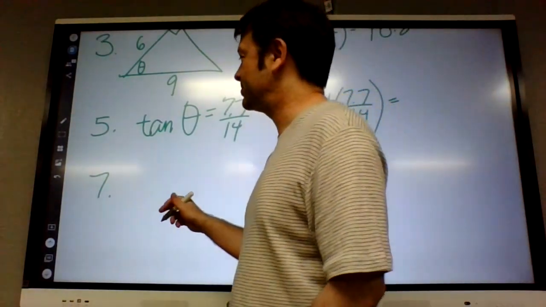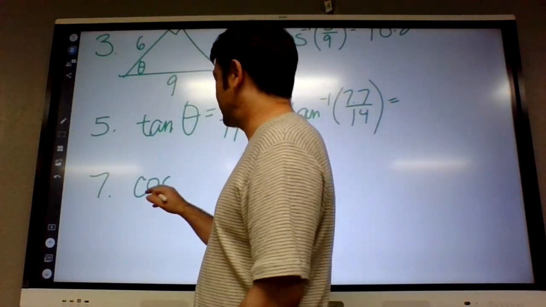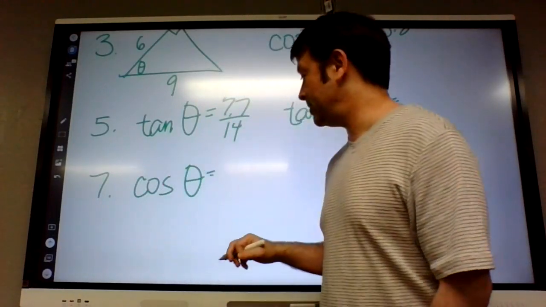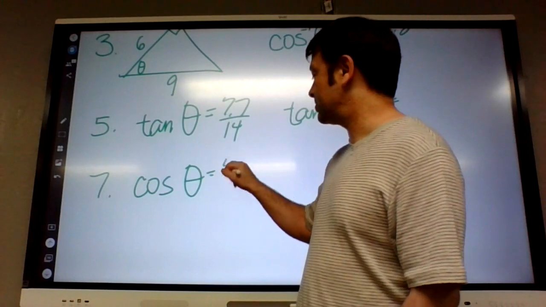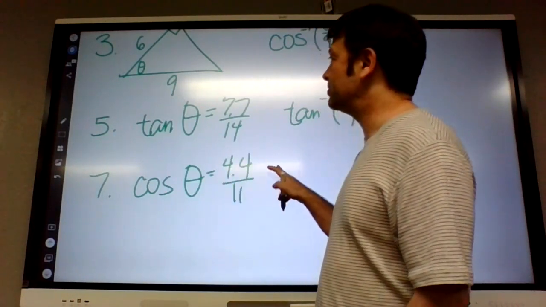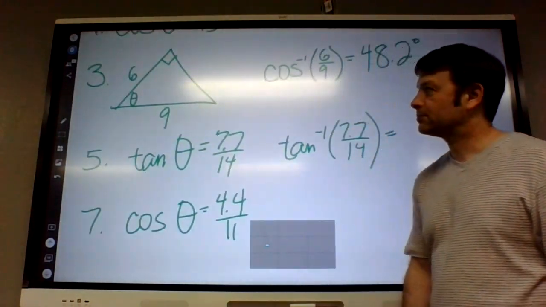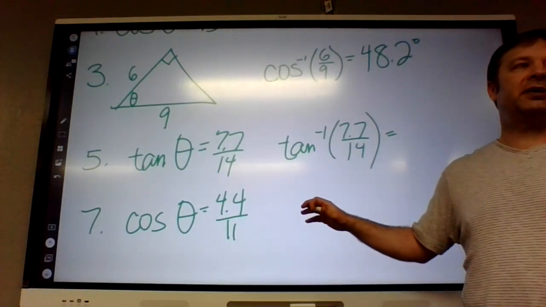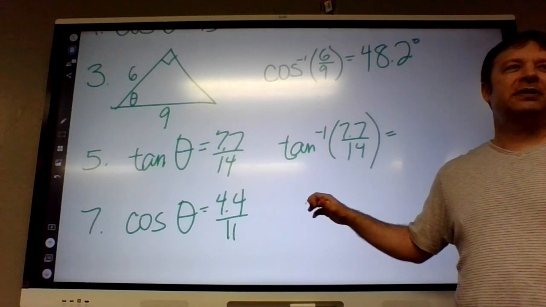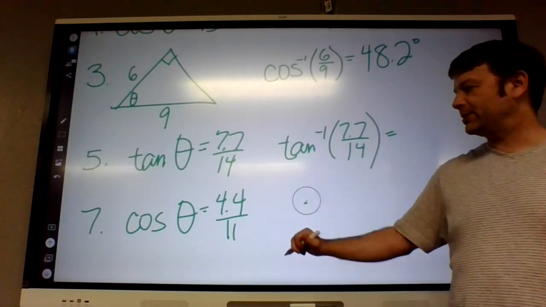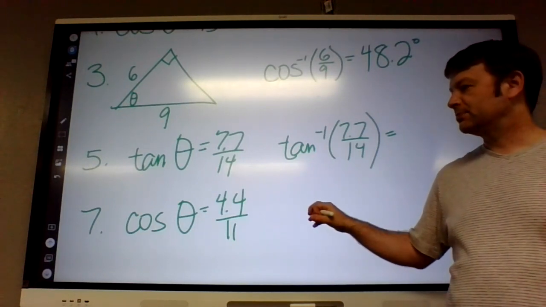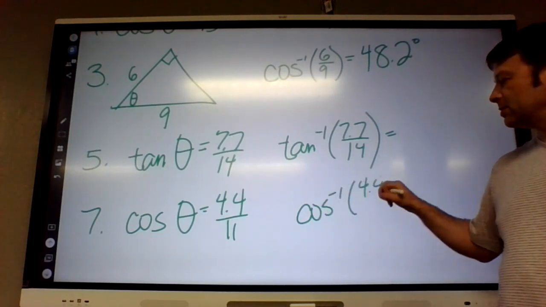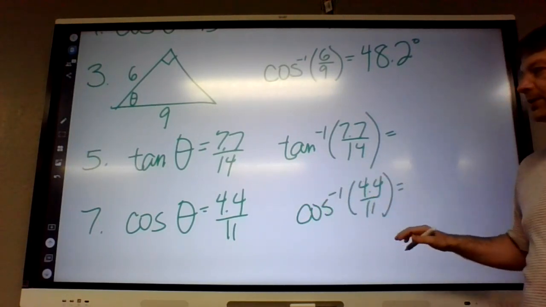Adjacent, hypotenuse. Yeah, lots of cosines on these odds here. So cosine equals adjacent over hypotenuse. So what are we going to plug in the calculator? Shannon, what are we going to plug in the calculator? Cosine inverse. All right.